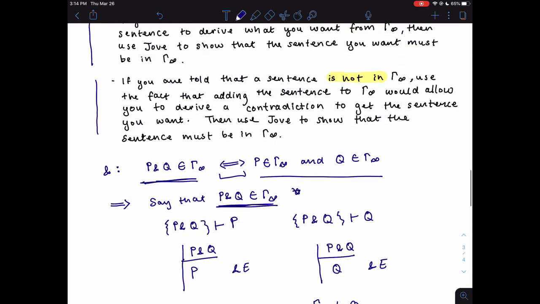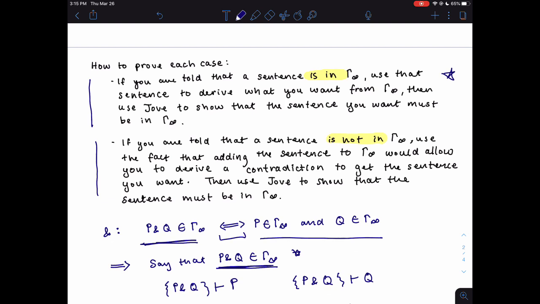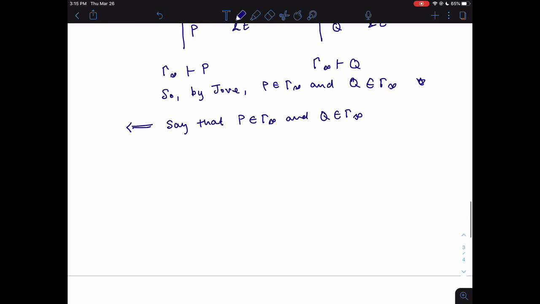Again, we're starting with a claim where we're told that a sentence is in gamma infinity, so we're going to use the same pattern. We want to show that we can construct a derivation where, if we know that P and Q are both members of gamma infinity, so we have a set containing P and Q, from that we can derive P and Q. And that's pretty easy to do.